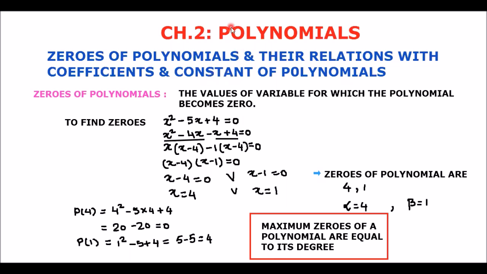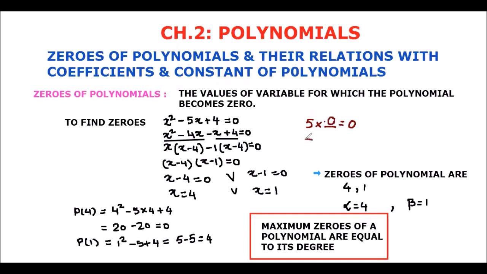For example, suppose you have two numbers, 5 into a blank, and I ask you to fill the blank so that the product of the two is equal to 0. Definitely you are going to put 0 here. Then only will you get the product equal to 0.